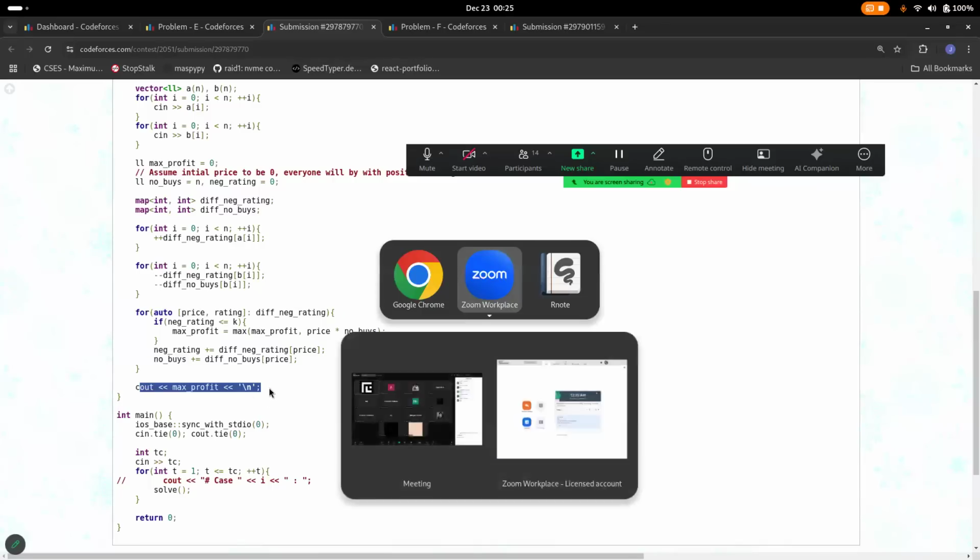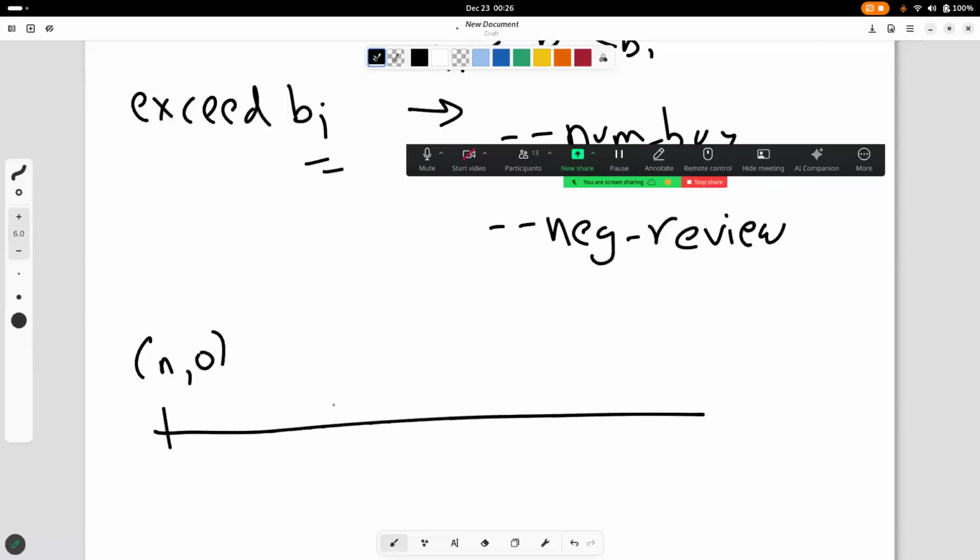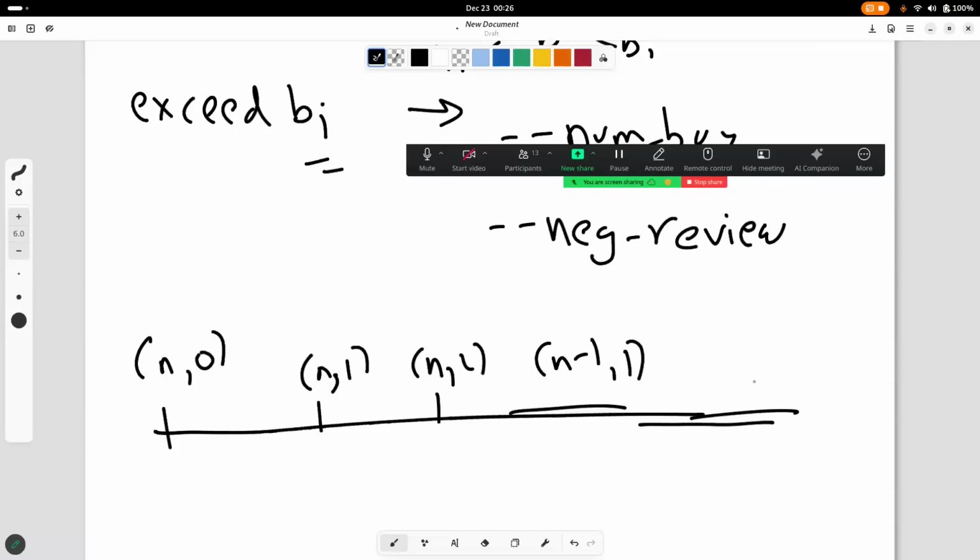And if you actually look at where this whole thing goes, this starts from all trees being sold and zero negative ratings. And this would go on to some critical point. You would have n-1 trees sold with one negative rating, n-1 trees sold with two negative ratings, or somewhere here you could have n minus one negative rating. And at the end, it would end when zero trees are sold and zero negative ratings are given.